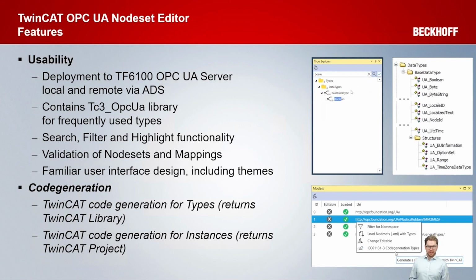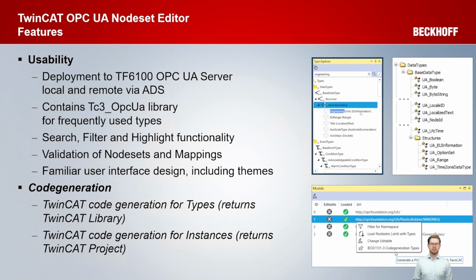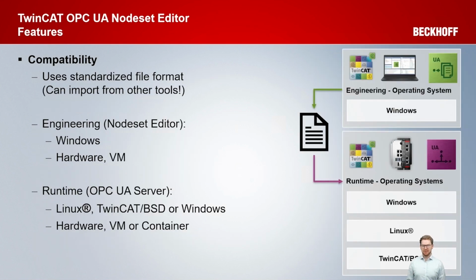So, in the future, it will allow for TwinCAT code generation for types, returning a TwinCAT library, and also code generation for instances, returning a TwinCAT project. But the stuff I mentioned before, that is available right now. And this is compatible thanks to the standardized format with other tools as well, meaning you can import from them and also export to them if the editor is not the last tool in the chain.